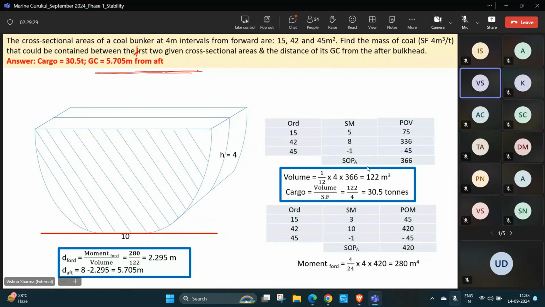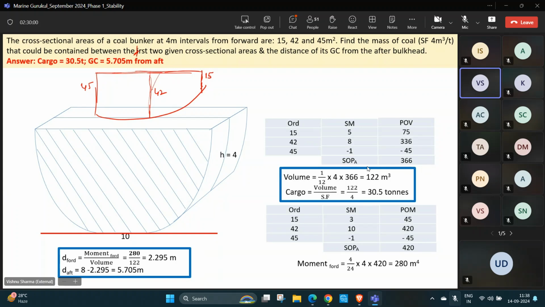Some of you made the plan view, it's okay. So you have 15, you have 45, and you have 42 square meters. He says, find the mass of coal that can be contained between the first two given ordinates.